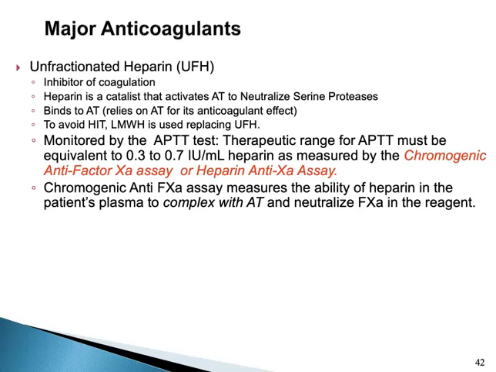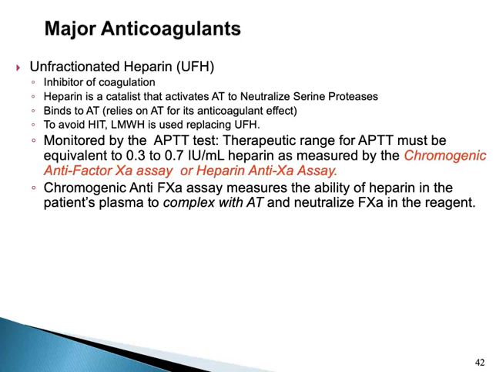So not to be confused with the chromogenic factor 10A assay. So we use this test to measure heparin and to establish a therapeutic range for the APTT. So basically, we are going to set that in our lab.